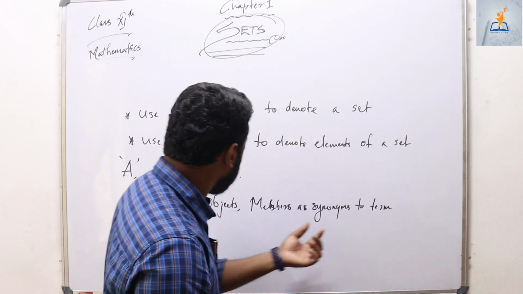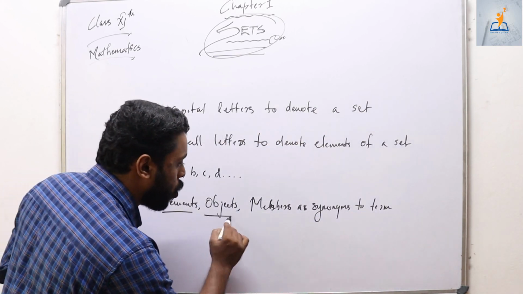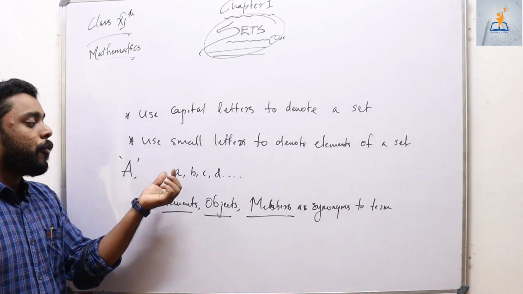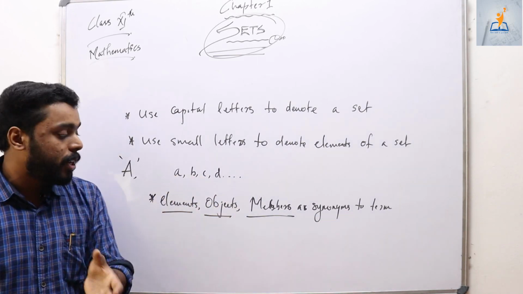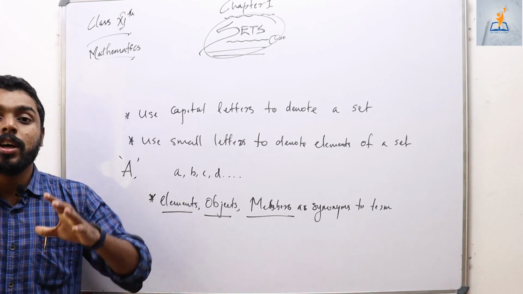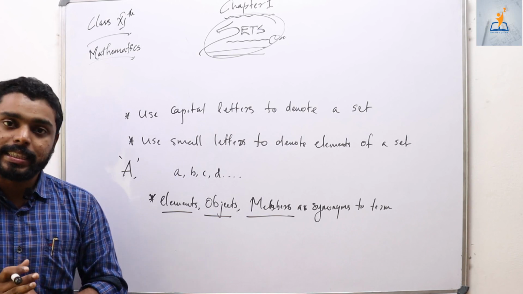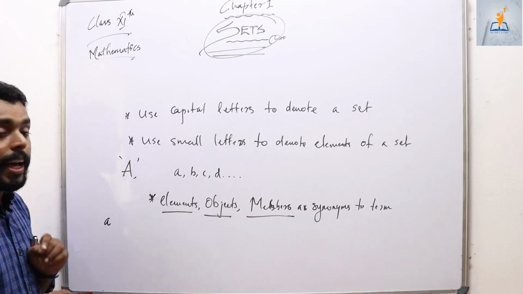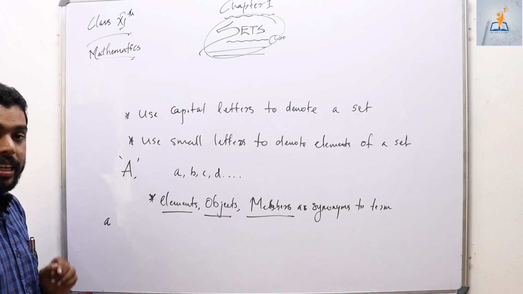So instead of terms we can either use elements or objects or members of the set. So always remember that we use small letters to denote elements of a set, whereas capital letters to denote the entire set. Now suppose that the small letter a is an element of this set, capital A.